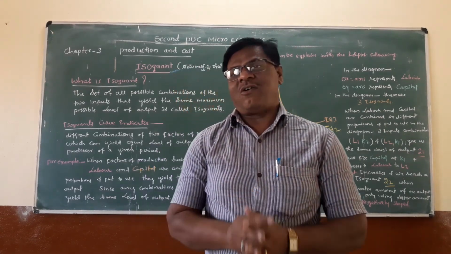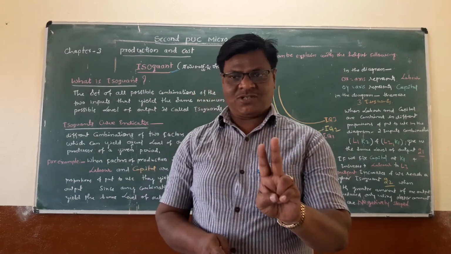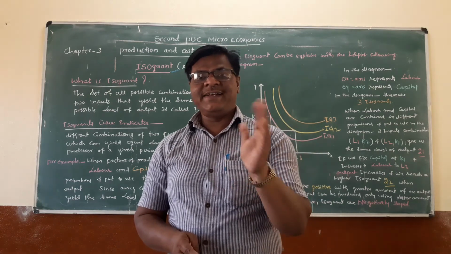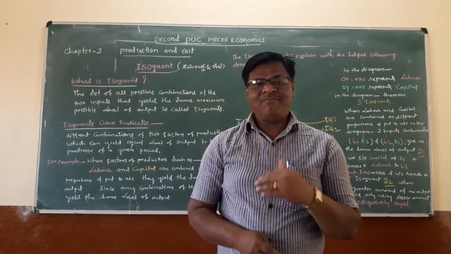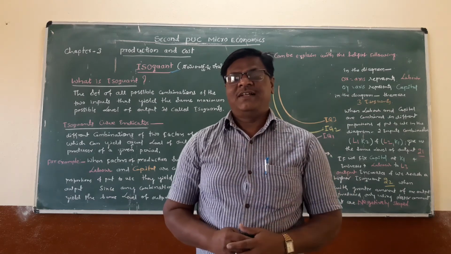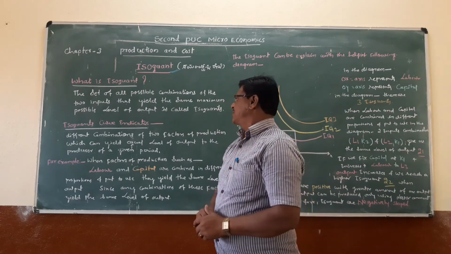So the isoquant curve indicates the two inputs put to use that give the same maximum output. It is called the isoquant curve.